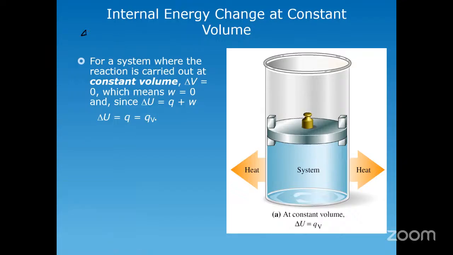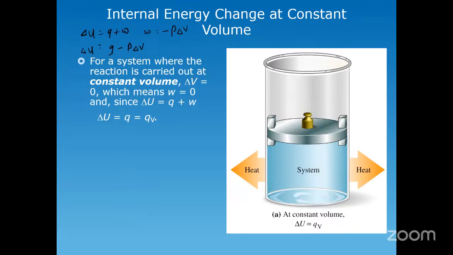So remember, delta U is equal to Q plus W, right? Now, W, if you remember from earlier, is equal to minus P delta V, right? So we can rewrite this equation as Q minus P delta V, all right? And that will be equal to delta U.